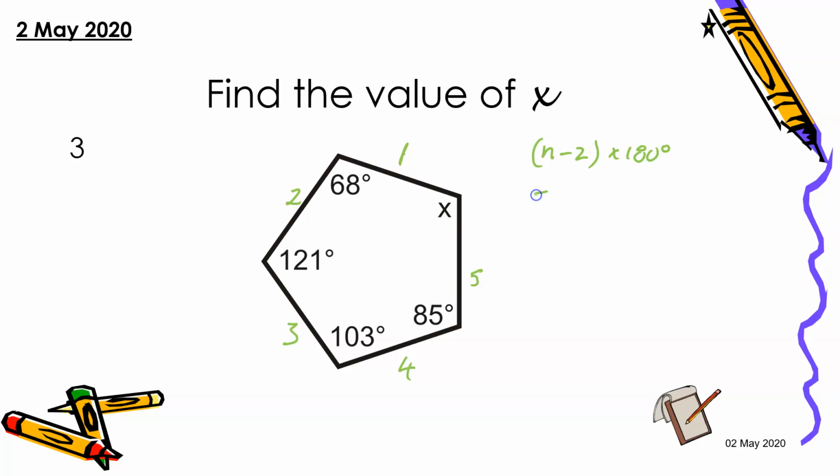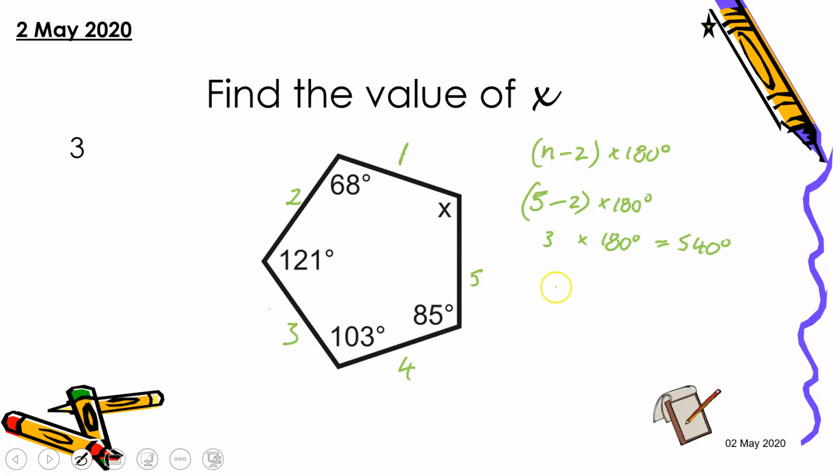So it's 5 sides, take away 2, times 180. 3 times 180 gives us 540 degrees. If you're ever unsure, it's always a good idea to double check with that calculation.